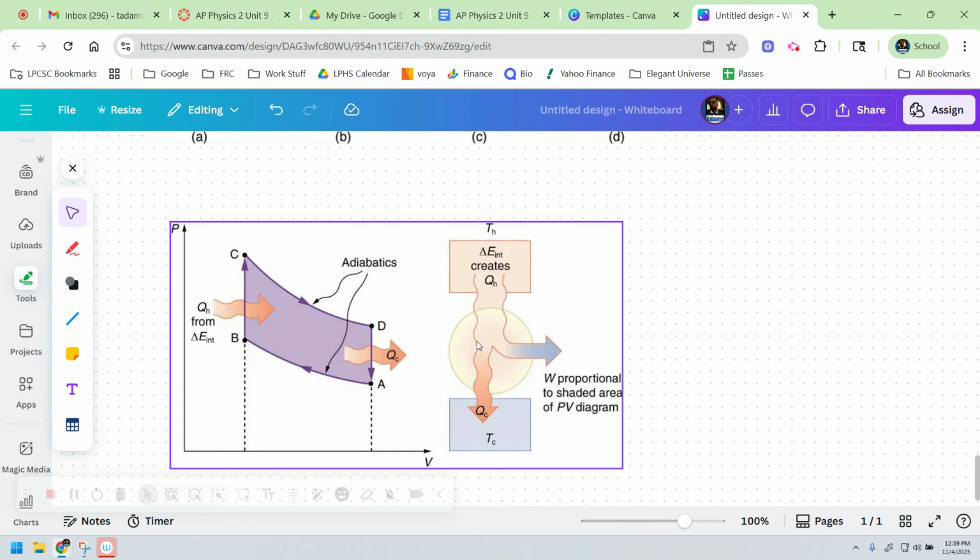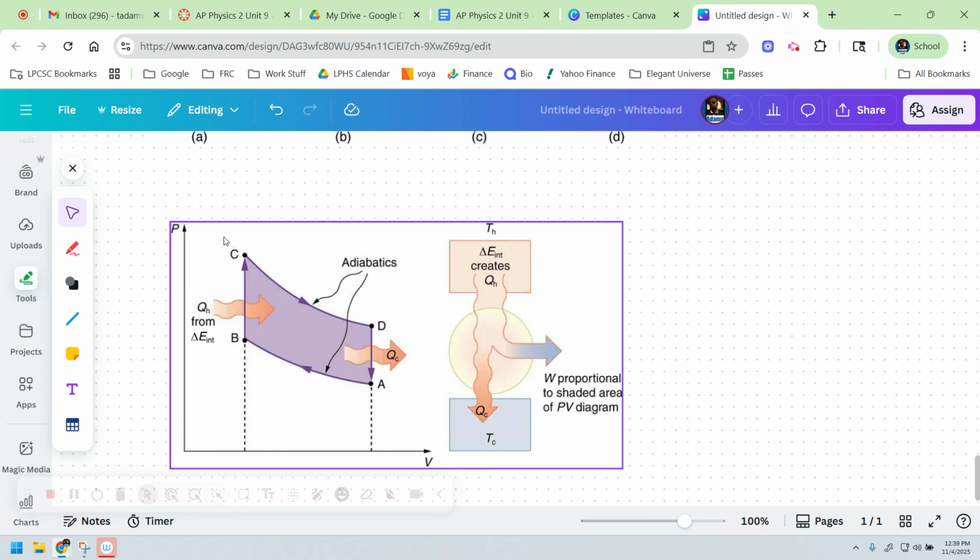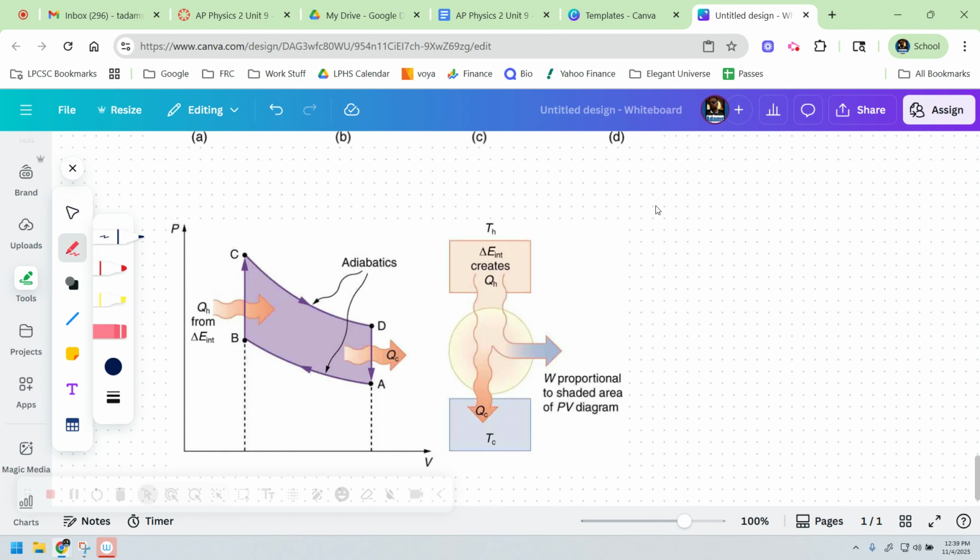So you have heat coming in, work being done, heat going out. This is very similar to a piston on a car, right? So this is known as the Otto cycle. So a lot of our heat engines are based on an Otto cycle. That's what this is, okay?